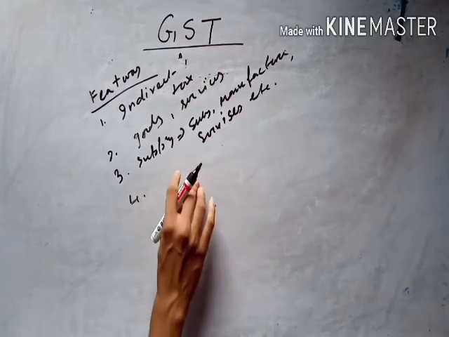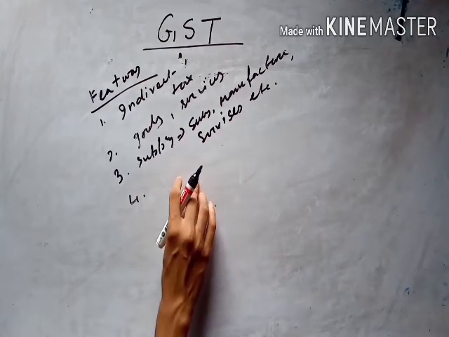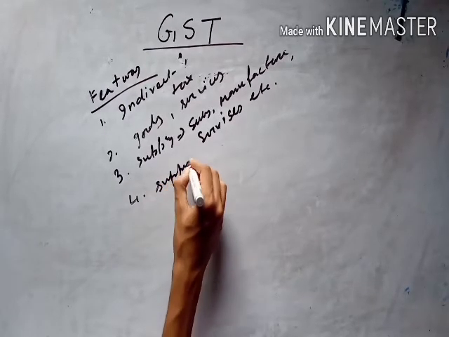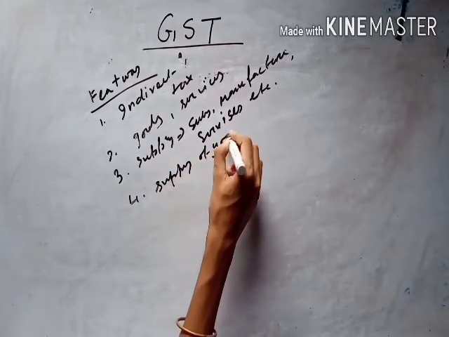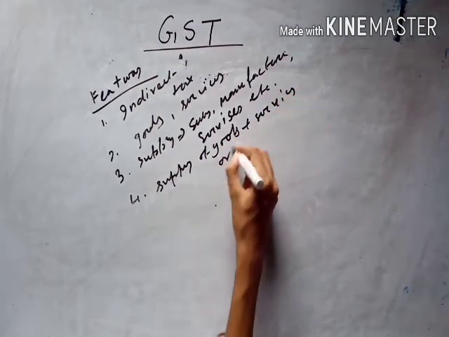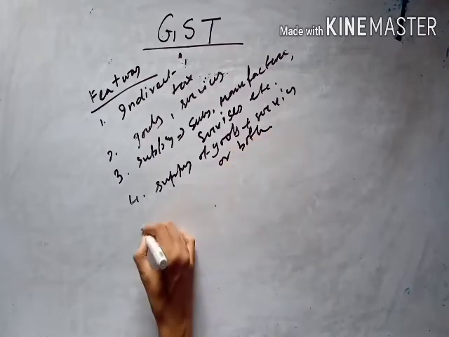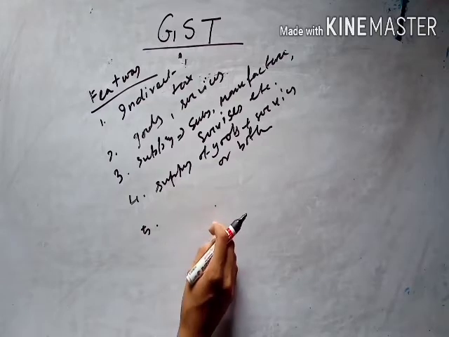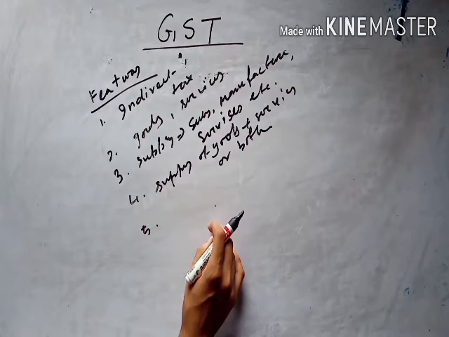Right? What is number four? GST is levied on supply of goods or services or both. What is number five? GST is a consumption-based tax. Tax is payable in the state where goods or services are finally consumed.